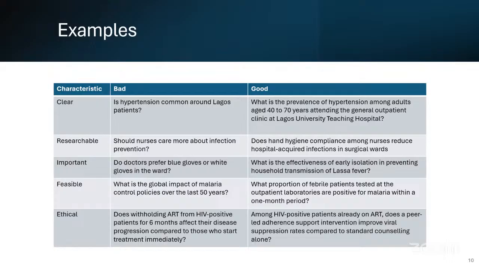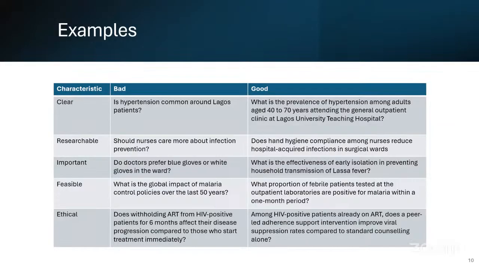We have thought through it and put it down in a way in which we can actually collect data. We can collect data about hand hygiene compliance, and we can collect data about hospital-acquired infections, and create that cause-effect kind of relationship.